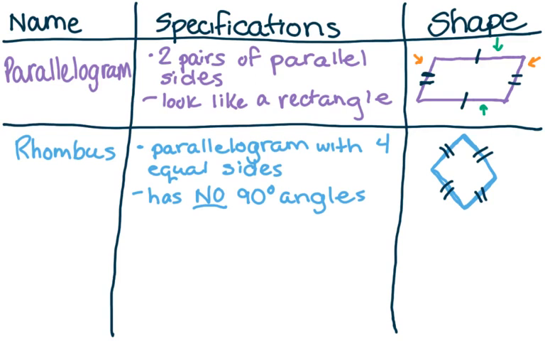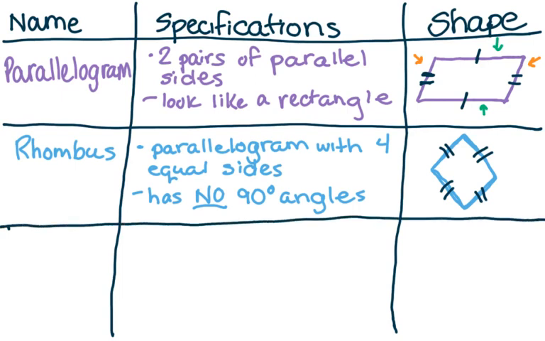Now, the last shape I want to tell you about, or the last quadrilateral, is called a kite. Some of you may have flown one before. Some of you may know exactly what one looks like. But do you know the specifications? Well, that's what I'm going to tell you about right now.